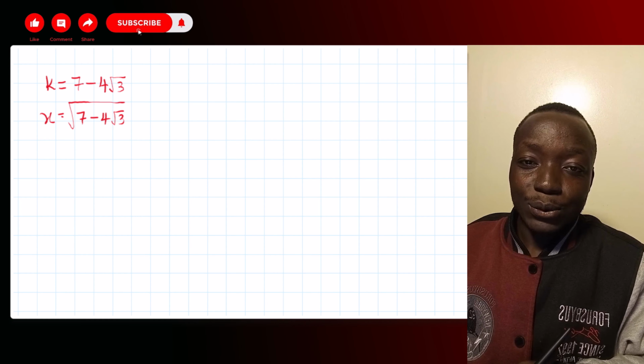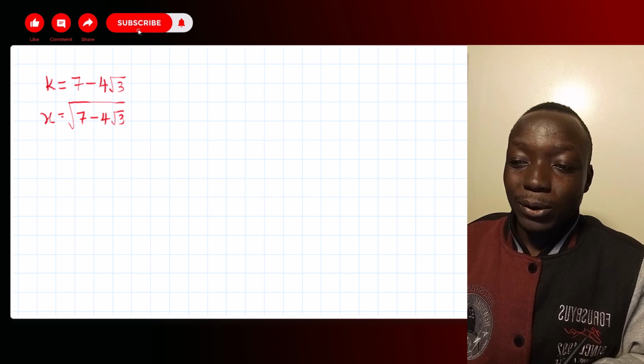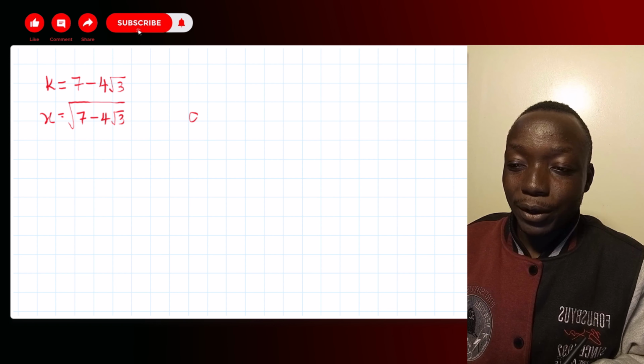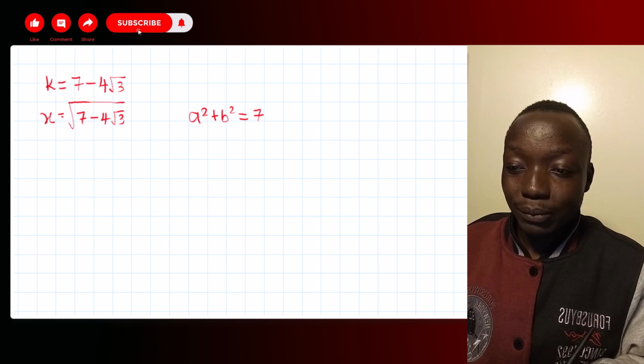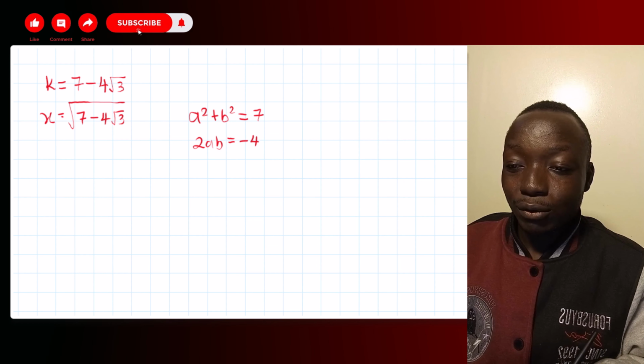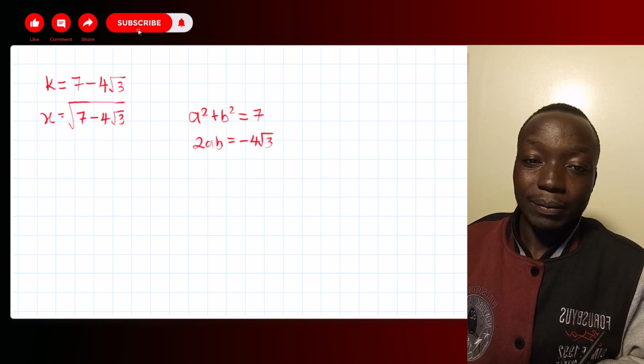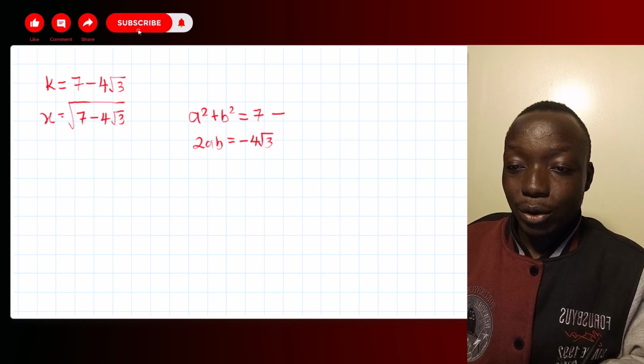Very similar steps to what we did before. So here you know that we're going to have a squared plus b squared is equal to 7, and that 2ab is equal to minus 4 square root 3. So this is your equation 1 and this is your equation 2.